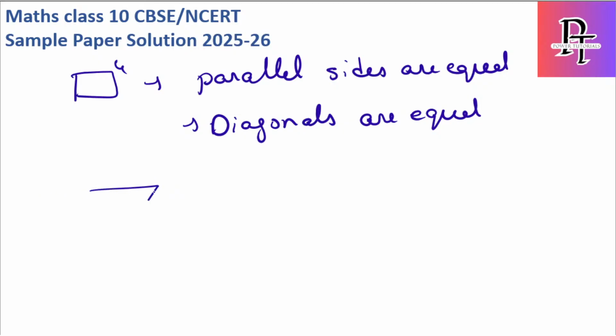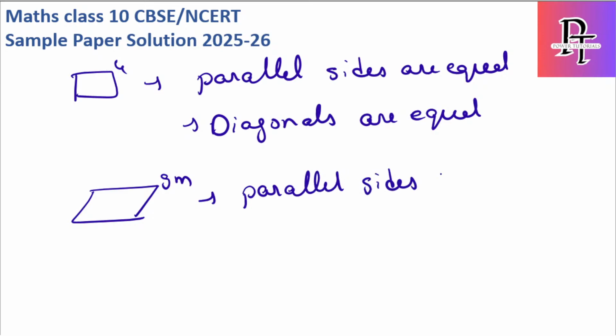And then we have parallelogram, which is the third quadrilateral. Here it is similar to rectangle, that is, parallel sides are equal, but second, diagonals are not equal.